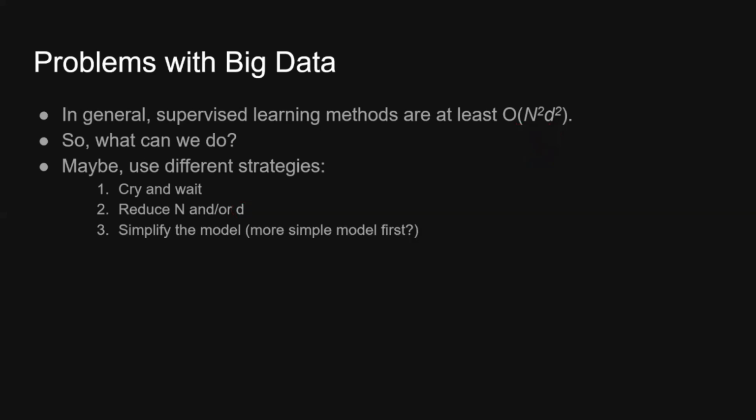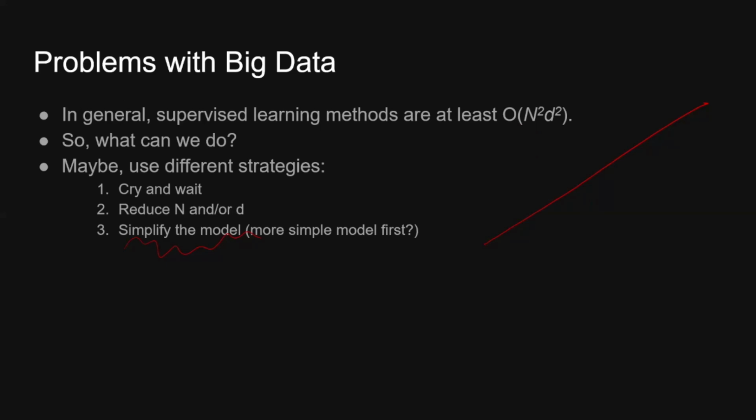Of course, you could also try to simplify the model. For example, the linear regression model is simpler than the majority of supervised learning methods. So why not begin with a linear regression model? It's not that fancy. It's a straight line, or in high dimensions, a hyperplane.